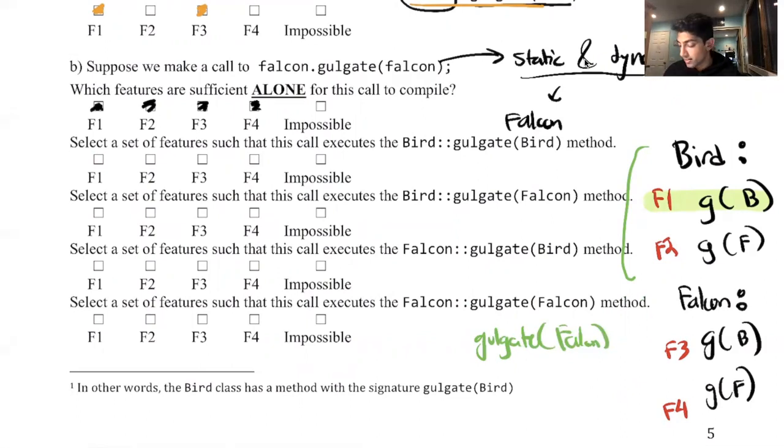Then we realize that we can still execute this function call with a gulgate bird method, because a falcon is a bird. So if f2 doesn't exist, no worries, f1 would suffice. So f1, if it exists, will allow the code to compile.